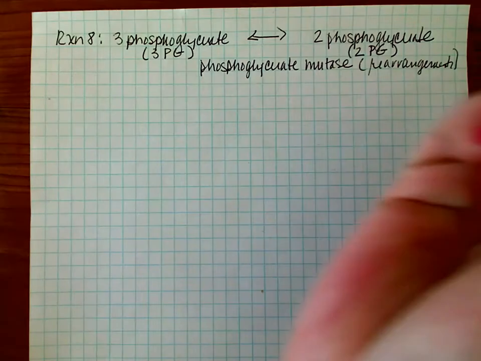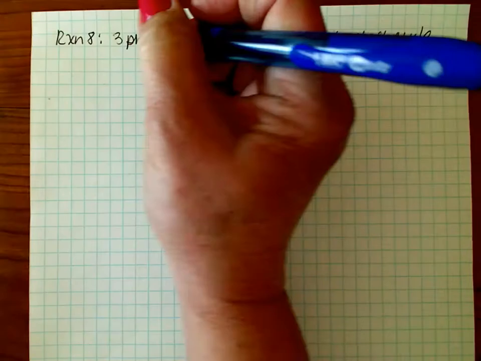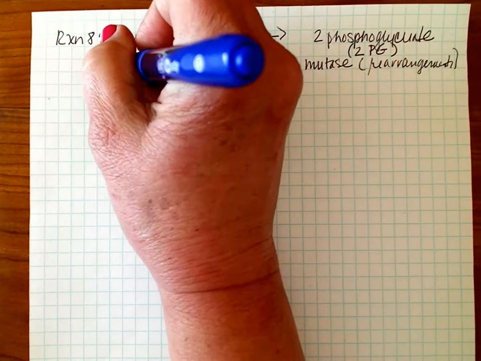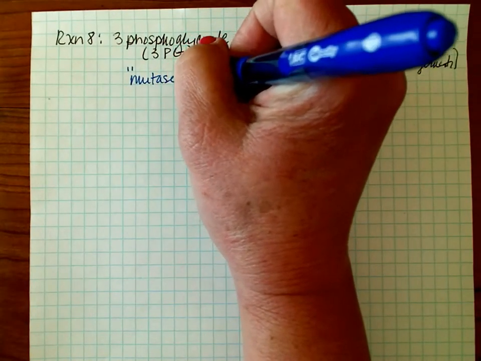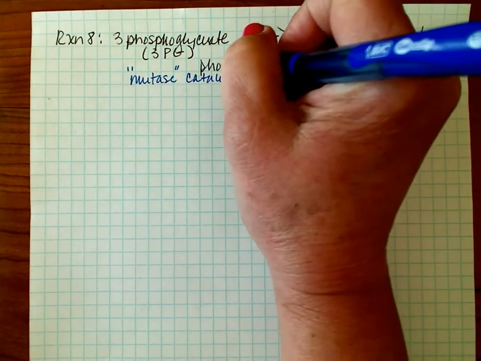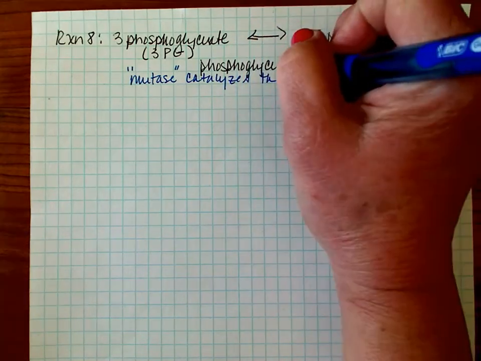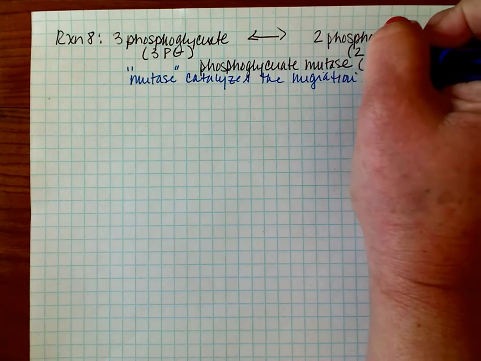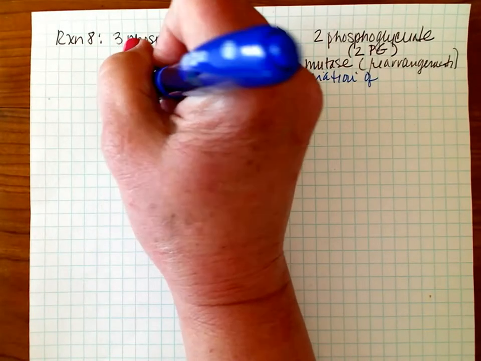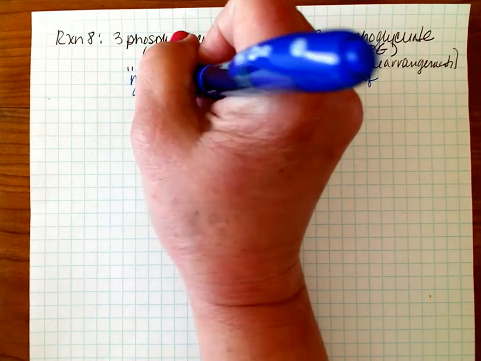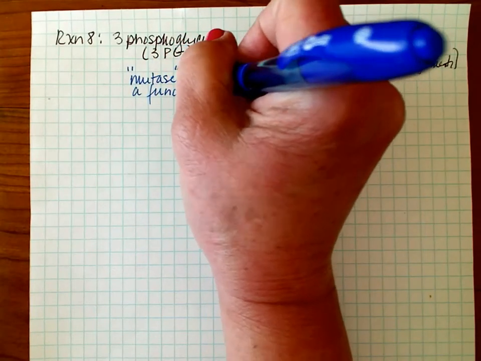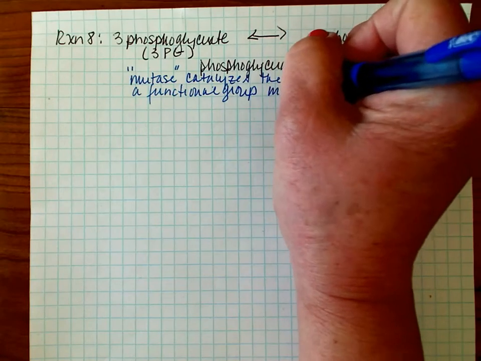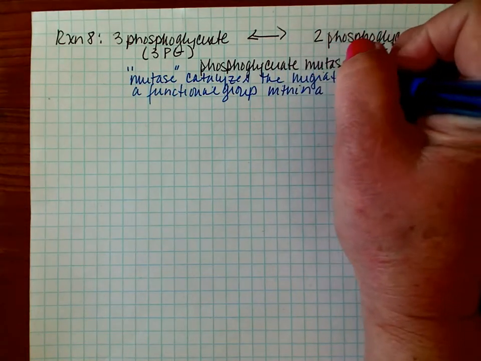But mutases catalyze the migration of a functional group within a substrate.